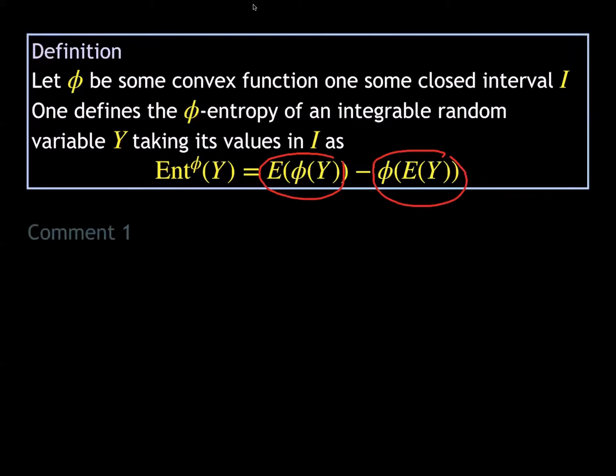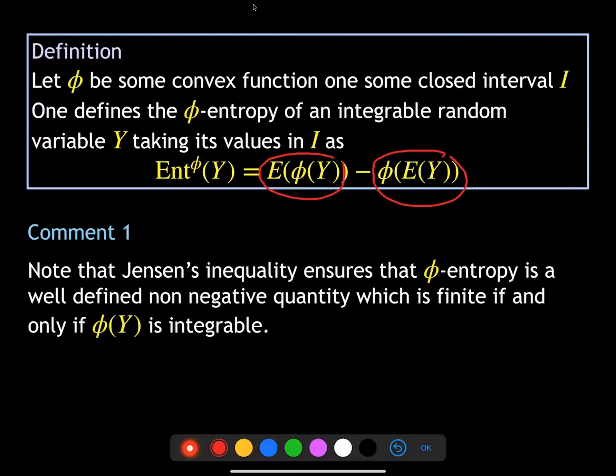In other words, the positive part of phi of y can have expectation equal to plus infinity, but not the negative part. The negative part always has finite expectation.